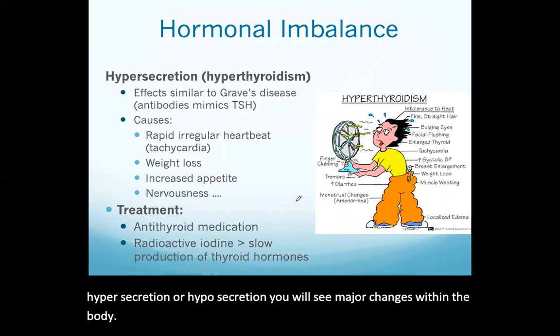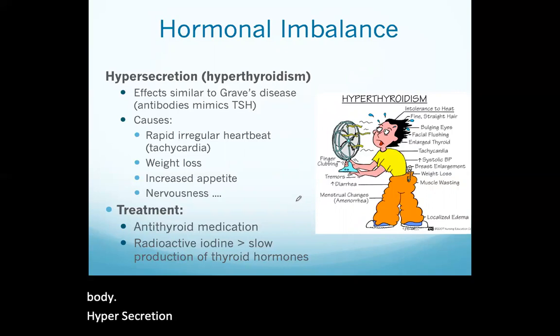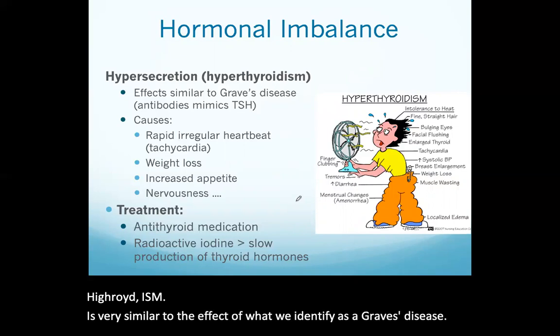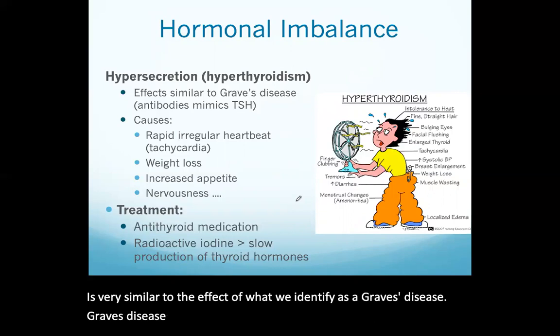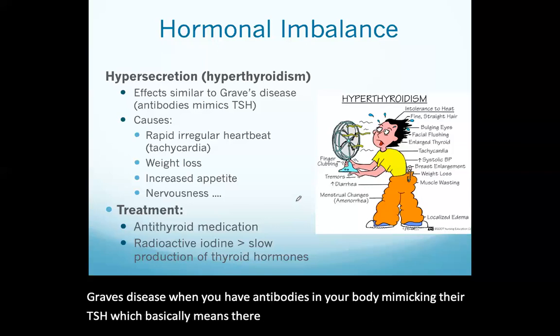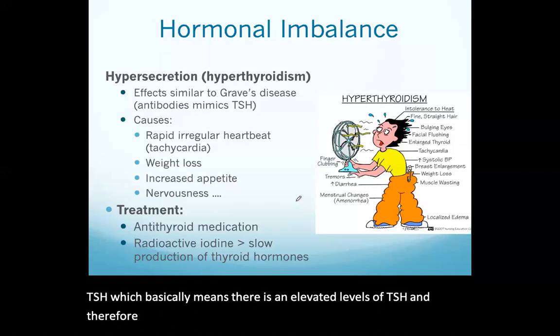Hypersecretion, which is also known as hyperthyroidism, is very similar to the effect of what we identify as Graves' disease. Graves' disease is when you have antibodies in your body mimicking the TSH, which basically means there are elevated levels of TSH and therefore elevated levels of thyroid hormone.